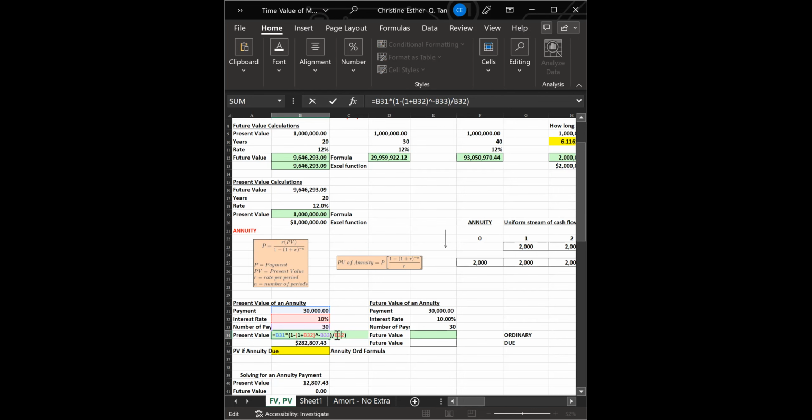Yeah, tapos tanggalin mo yung parenthesis sa B32. Ginawa natin kasing 12% yung interest. We changed the interest to 12% kasi yun nang ginamit natin kanina. Okay, kindly change the interest. Dito, make it 12%. Yan, okay na, no?